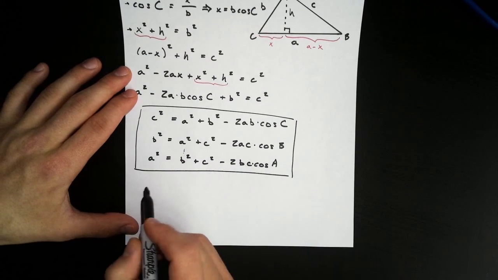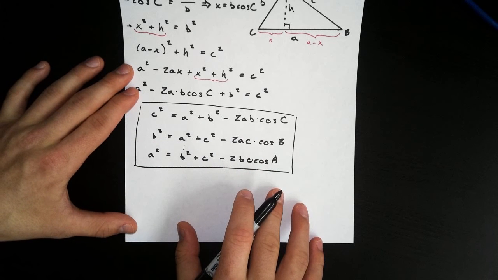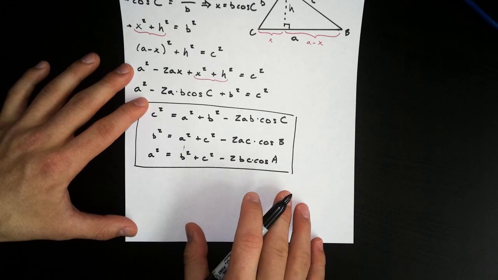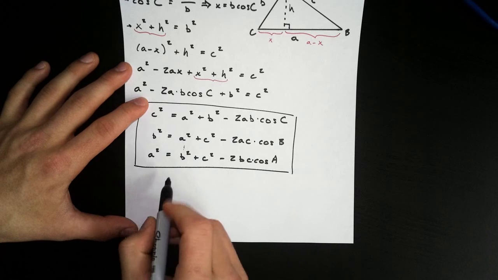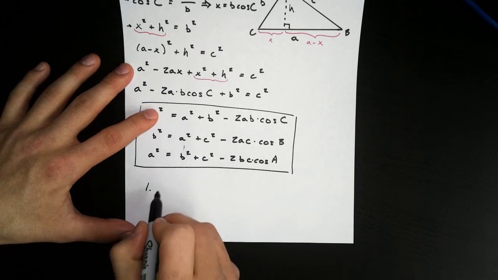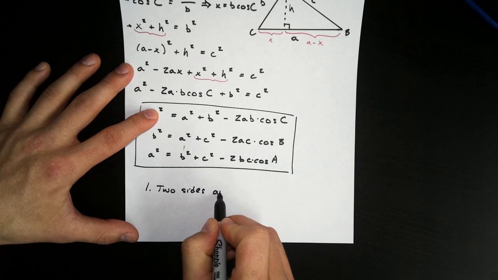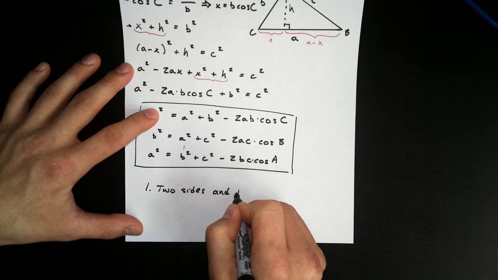Based on that, and the layout of our information here, we have two situations for when we can use the law of cosines. The first one: we can use the law of cosines when we know two sides and the included angle.